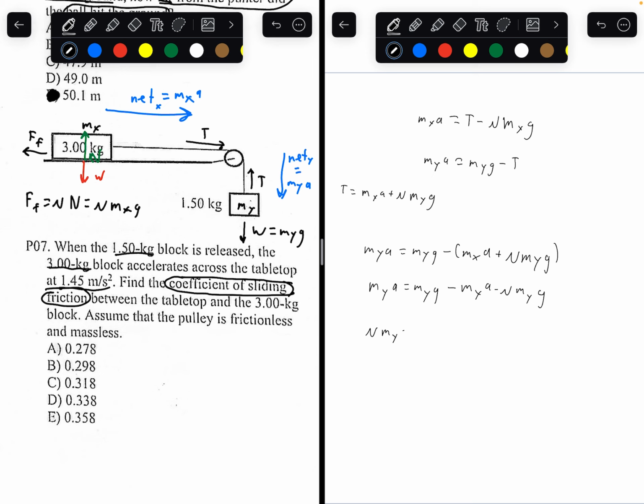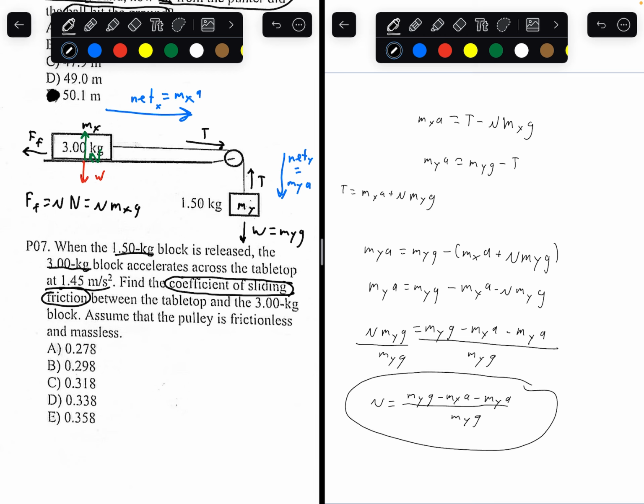The coefficient times mass of x times gravity equals the mass of y times gravity minus the mass of x times acceleration minus the mass of y times acceleration. Final step is to divide both sides by mass of x times gravity. So you will get the coefficient of friction equals the mass of y times gravity minus the mass of x times acceleration minus the mass of y times acceleration, over the mass of x times gravity.